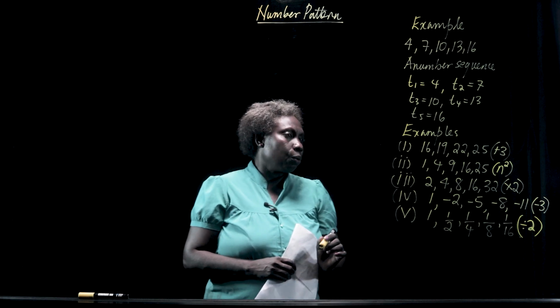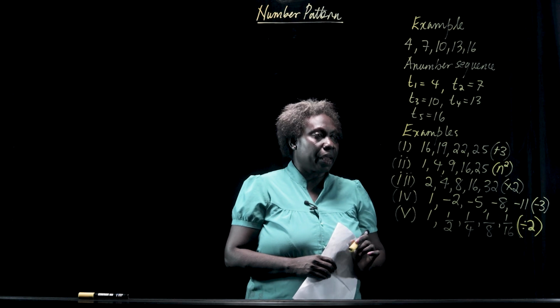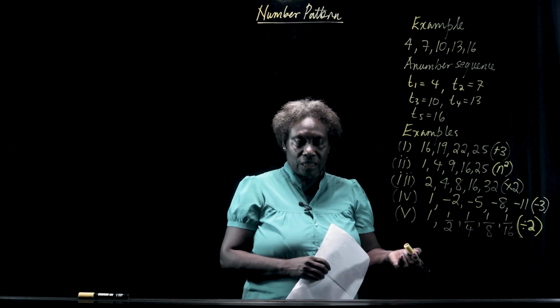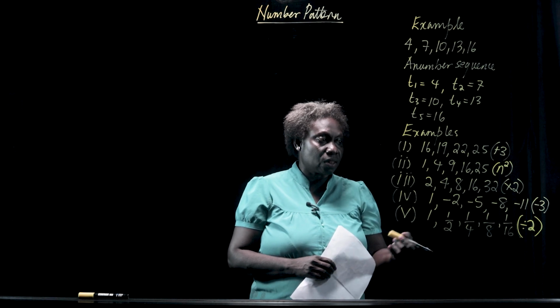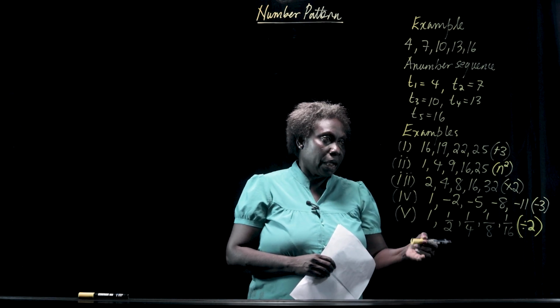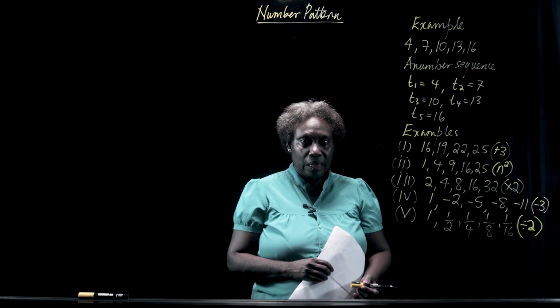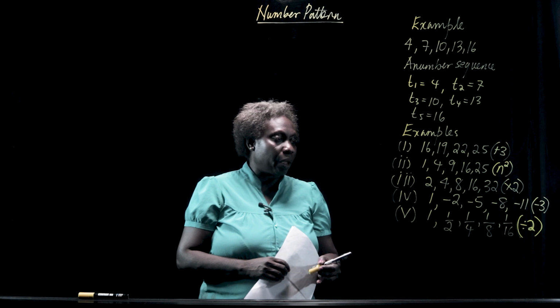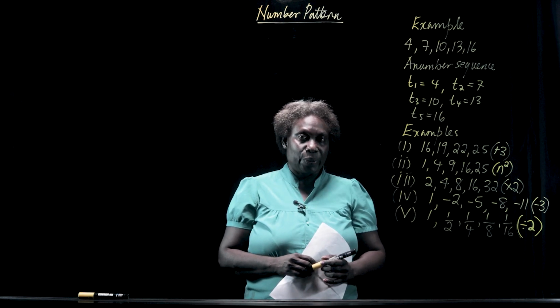So, we can see that some sequences are obtained by adding and subtracting, some by multiplying. The ones that are obtained by adding or subtracting a common or fixed number are called arithmetic sequences. The ones that are obtained by multiplying and dividing are called geometric sequences.